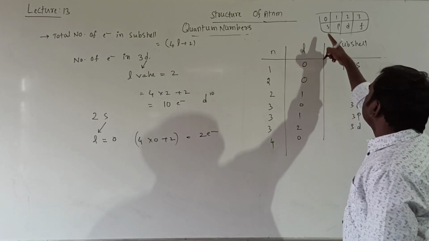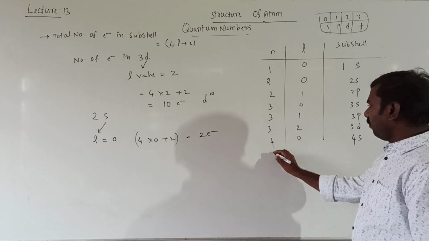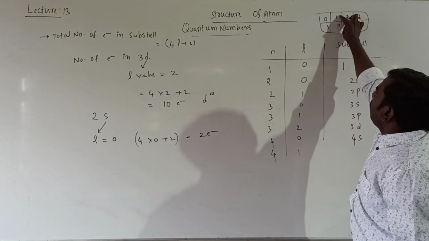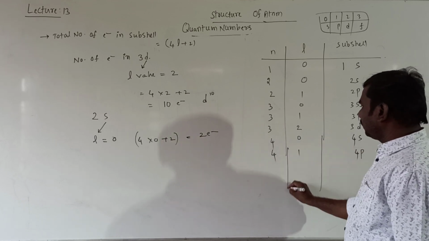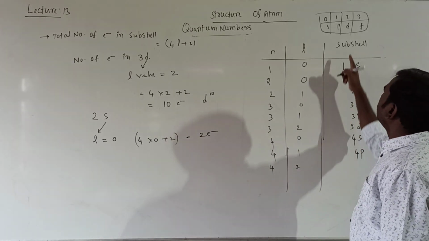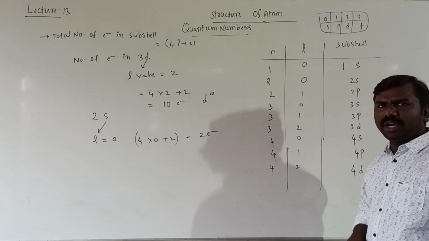4, 0, 0 means s, it is the fourth main shell. 4, 1, 1 means P, fourth main shell. Next, 4, 2, 2 means D, fourth main shell, 4d.